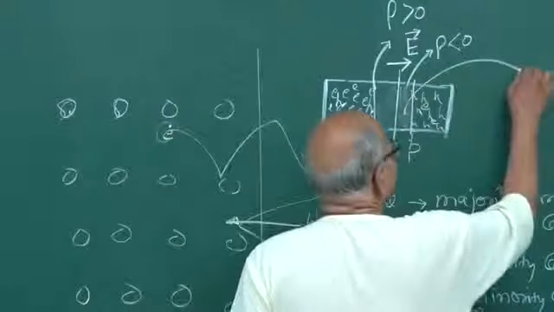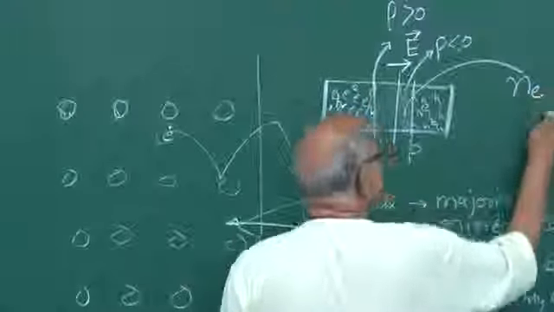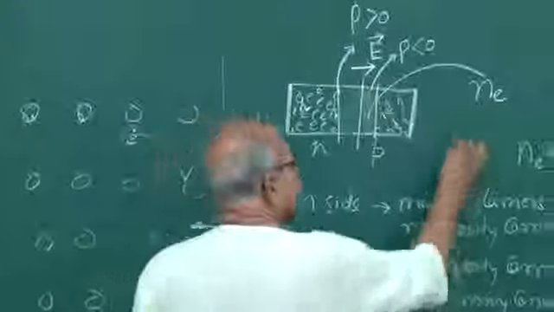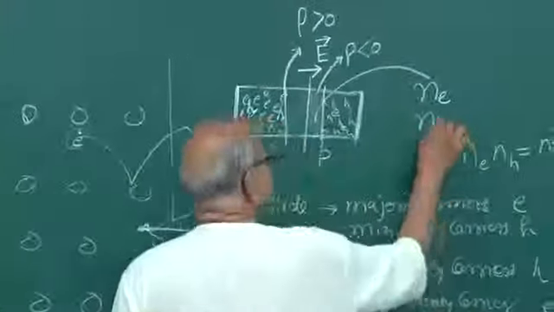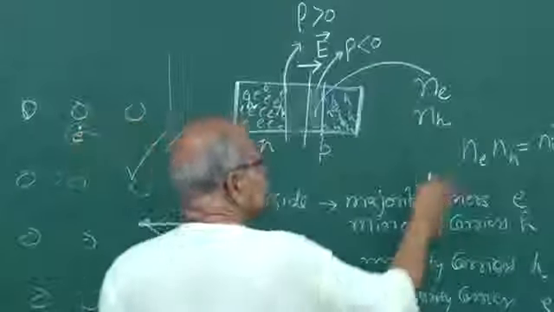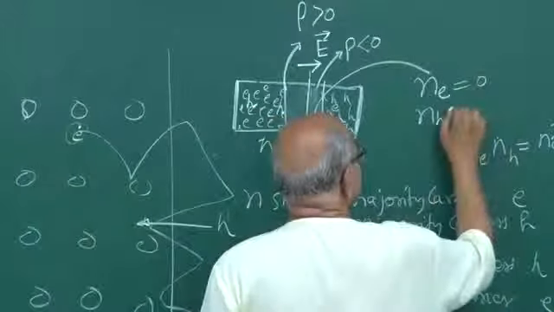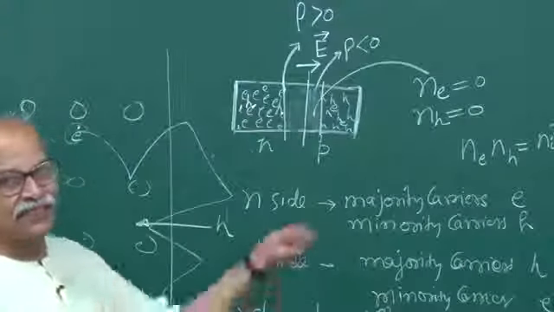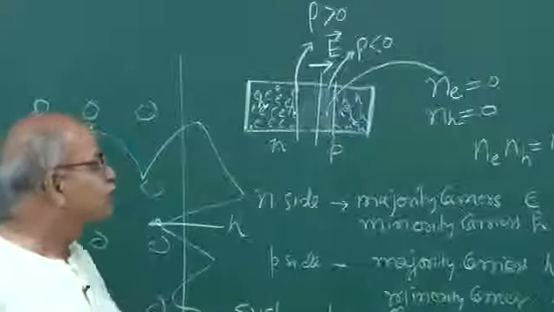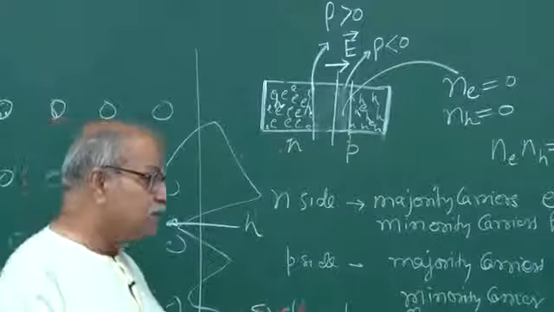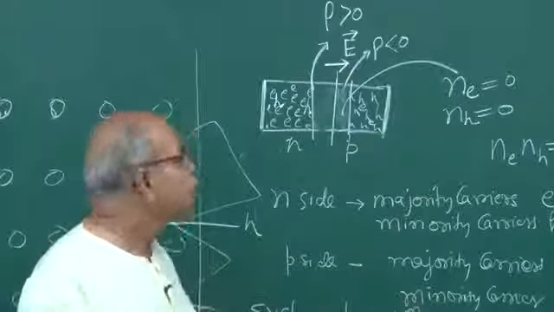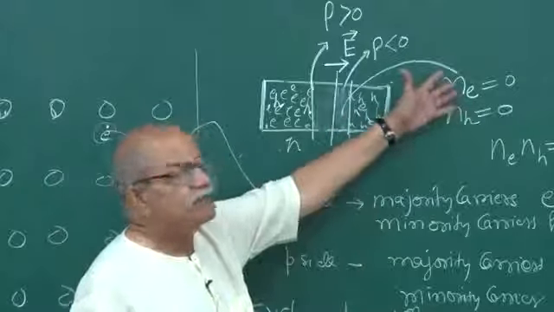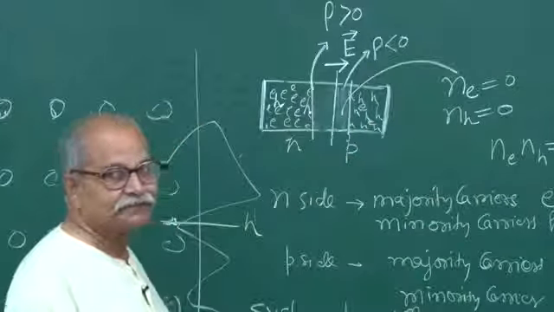Okay? The number of electrons per centimeter cube or number of holes per centimeter cube becomes 0. 0 means negligible, 1 or 2 here and there may still be there, but not to be observable in a circuit. So this is almost 0.